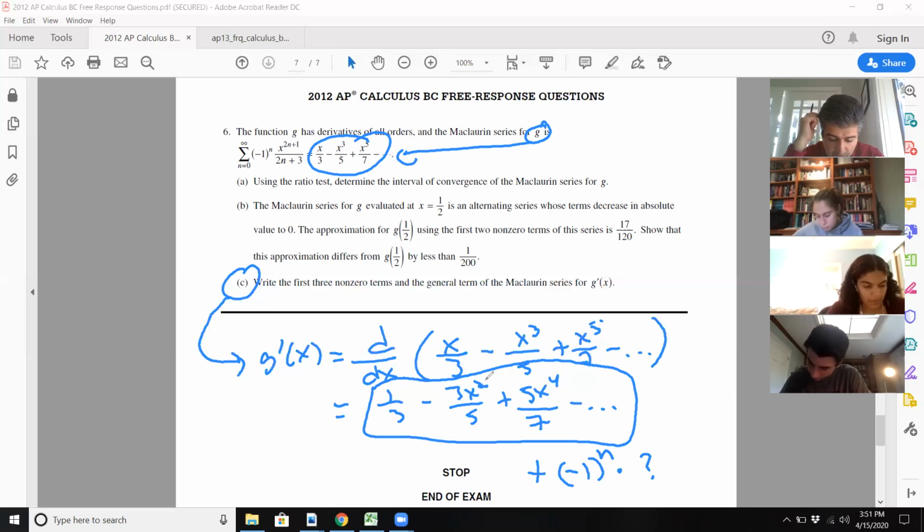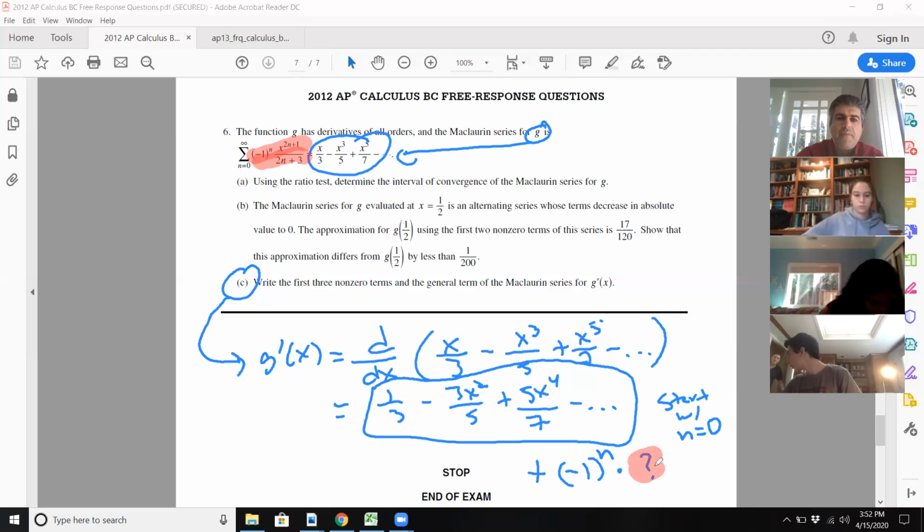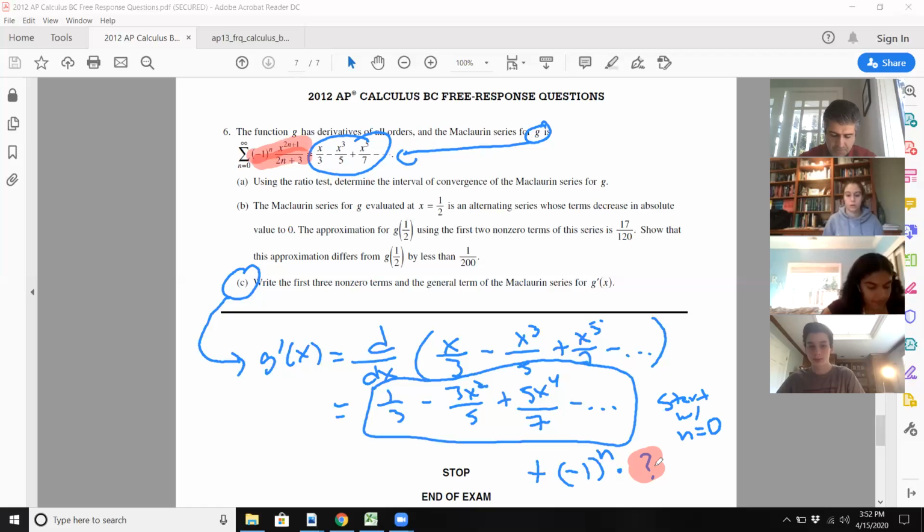And remember, starting at n equals 0, you're going to want to write something of this form, question mark here. So I'll give you guys a chance to kind of think about it. How do you think that should look?